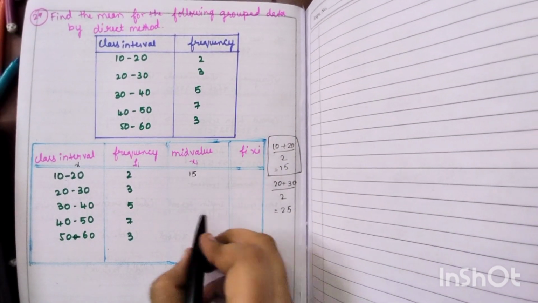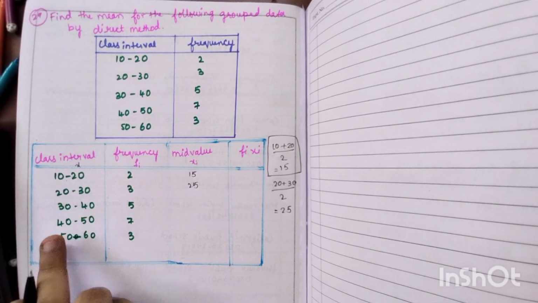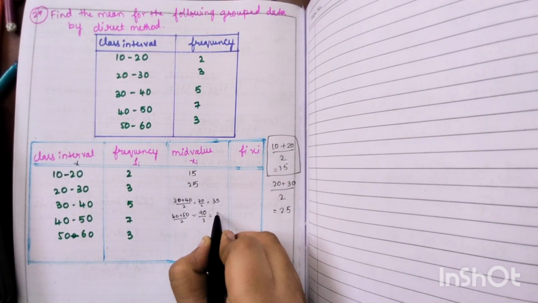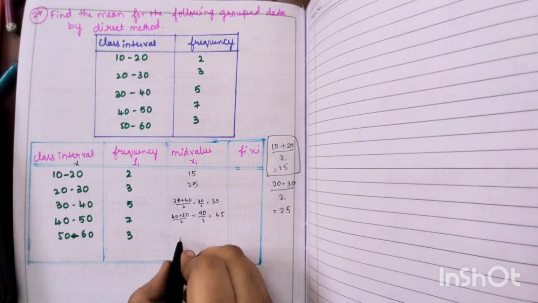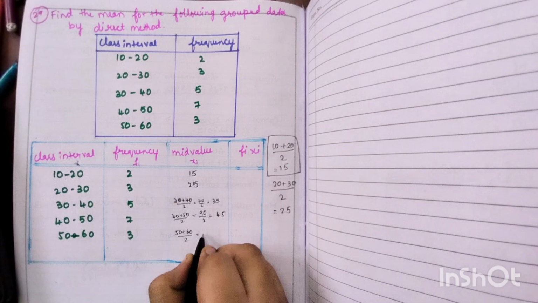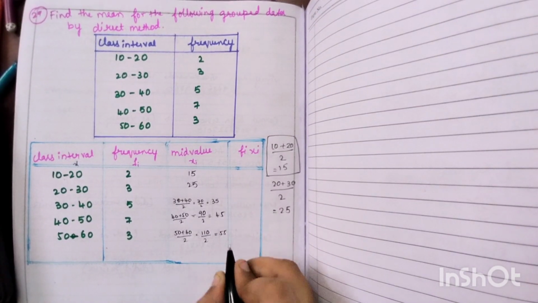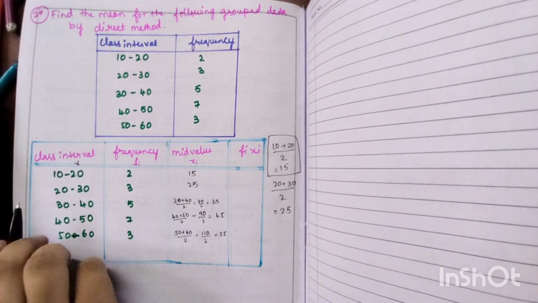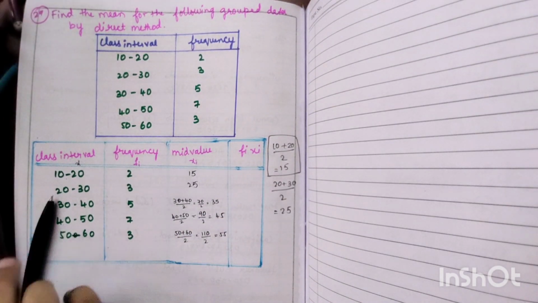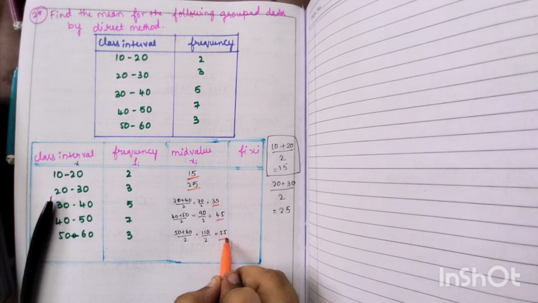Now do it and tell me for the 30 to 40 divided by 2, that gives us 35. Then 50 plus 60 divided by 2, we'll get 110 divided by 2, that gives us 55. So this is the main numbers which we have, that is nothing but 15, 25, 35, 45, 55.